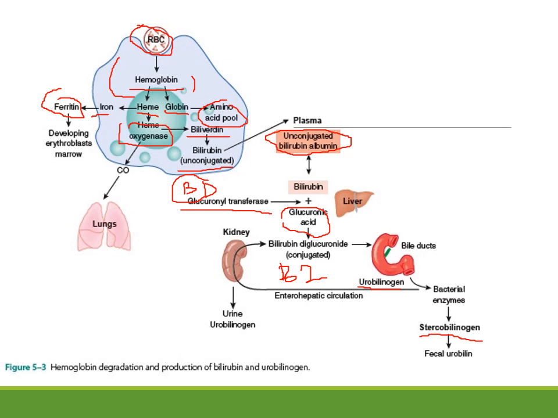Your fecal urobilin is also a pigment responsible for the brown color of your feces or stool. So that's it for the hemoglobin degradation process and the production of bilirubin and urobilinogen.